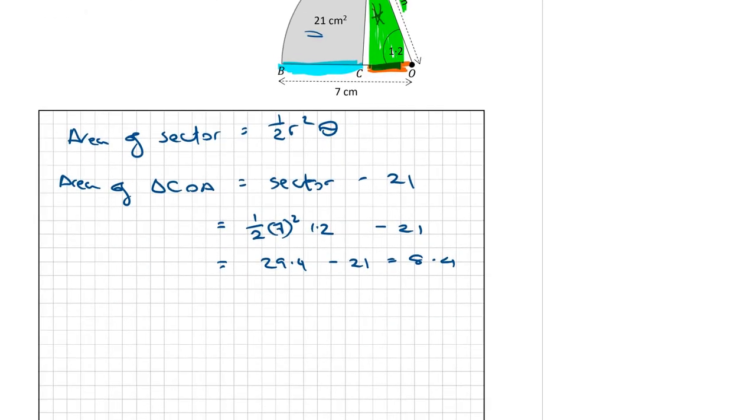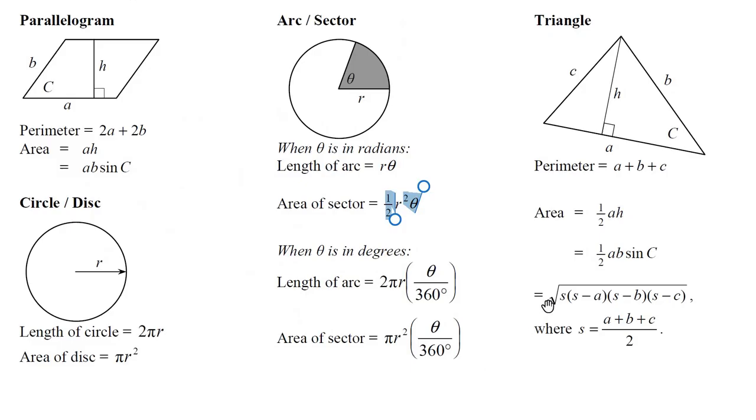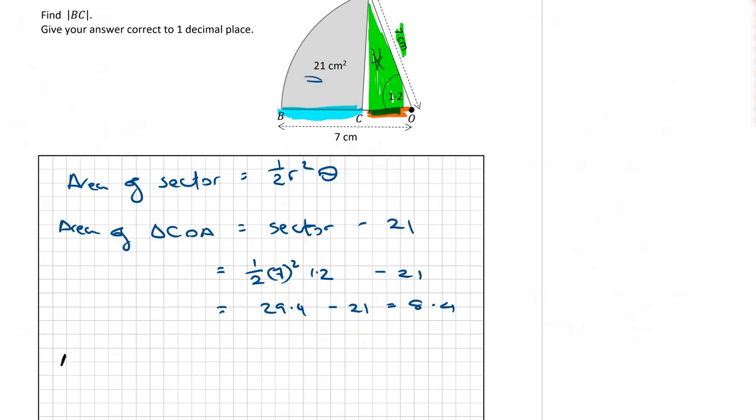And the area of a triangle, if we look here, is 1/2 of AB times sine of C. So the area of the triangle, half of both sides, so C times O times 7 times sine of the angle in between, which is 1.2 in radians.